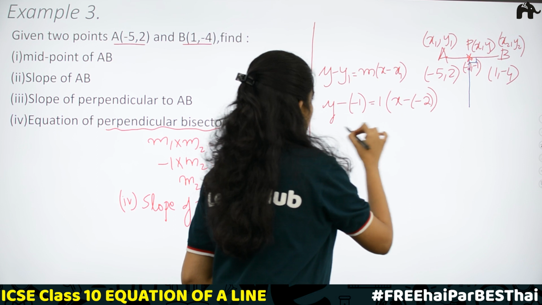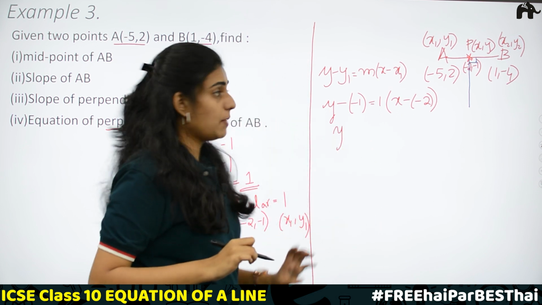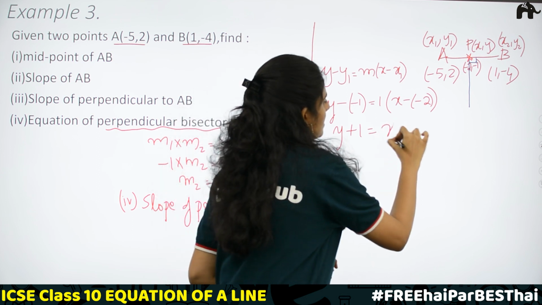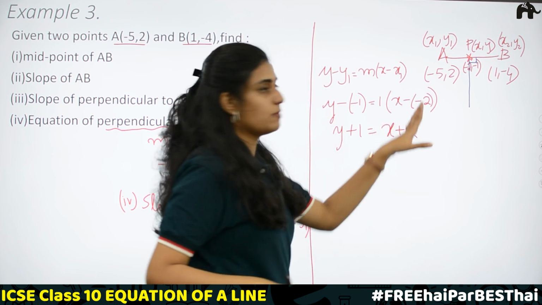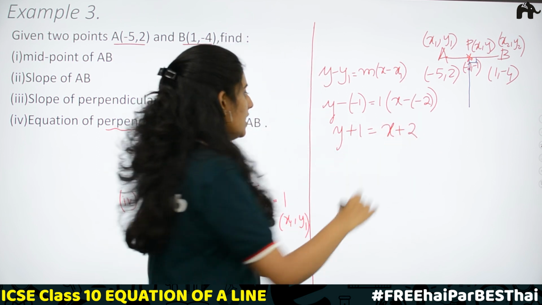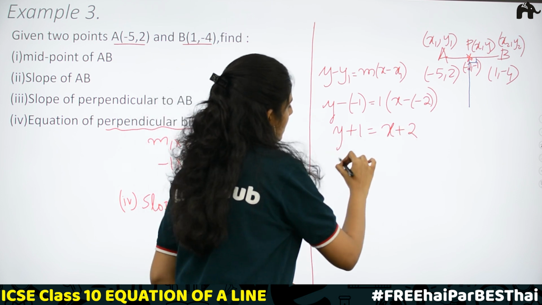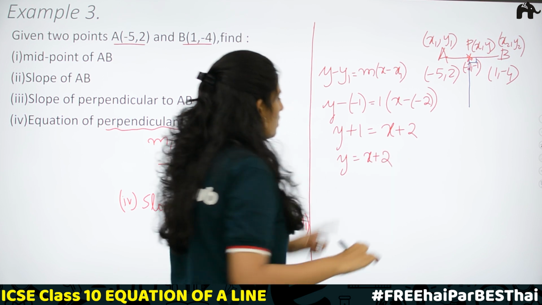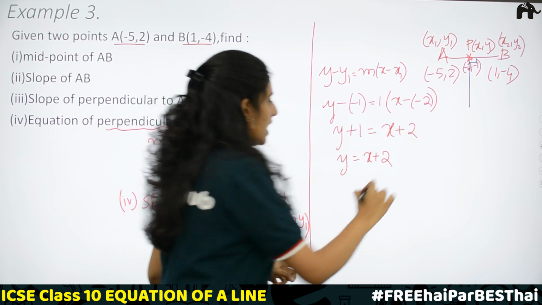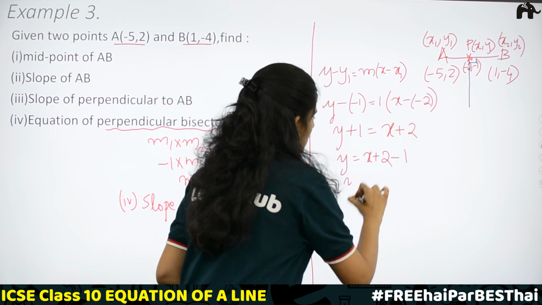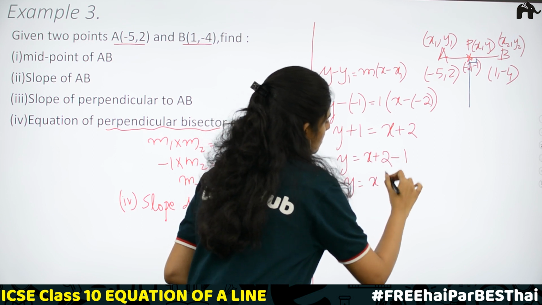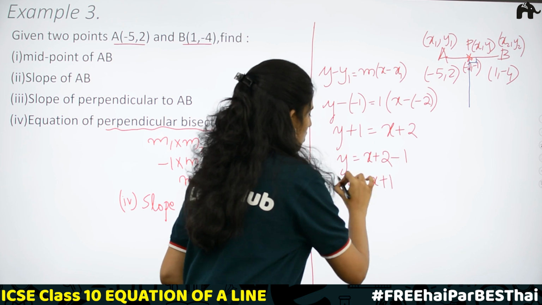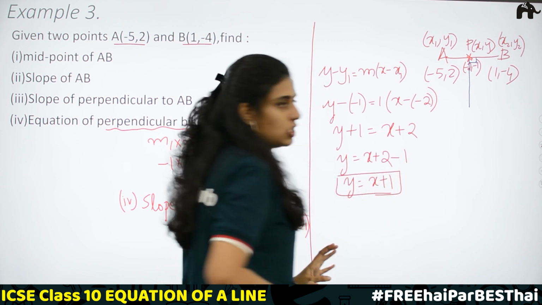That is y plus 1 is equal to x plus 2, minus of minus 2 is plus 2. Okay. Rearranging this, we get y is equal to x plus 2. Taking this plus 1 to the opposite side, we get minus 1. Or y is equal to x plus 2 minus 1, which is x plus 1. Okay. This is the required equation of the line.